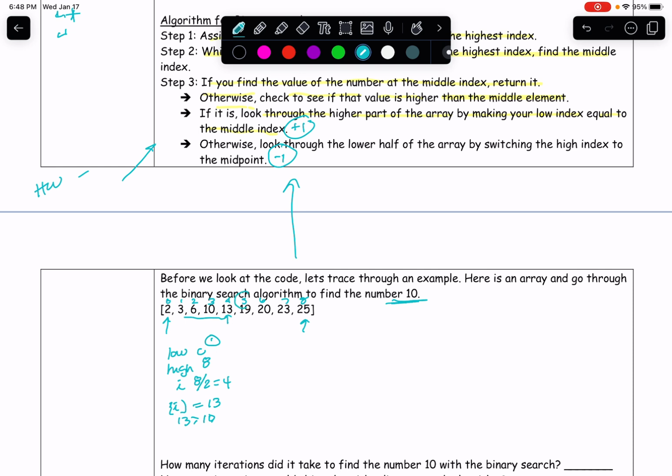It was at 4, right? Sorry, it was at 4. That was the middle, and so now it's going to look at I -1. So that was the first iteration.